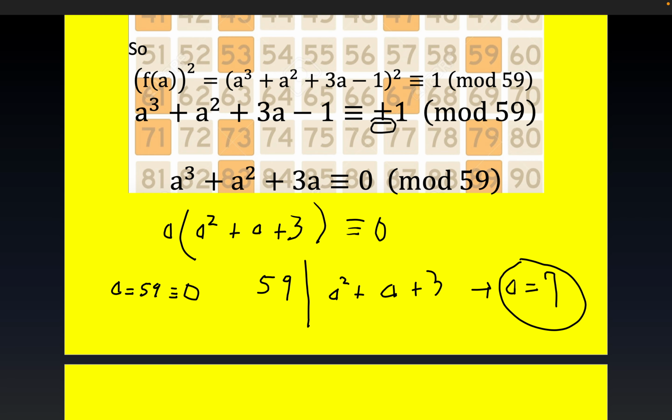And of course, you can add multiples. The more general solution, of course, would be a is equal to 7 plus any multiple of 59. And that's simply because, it's kind of weird to see this, but if you want to do 59k here, this is just 0 from a modular arithmetic perspective.